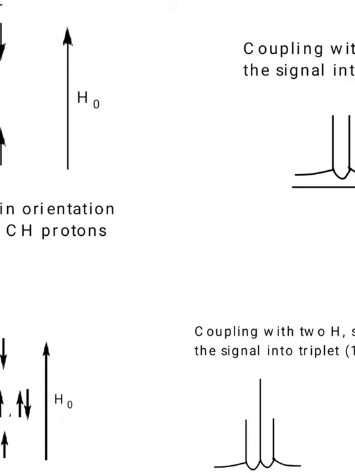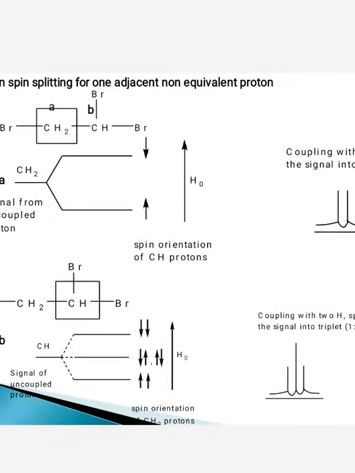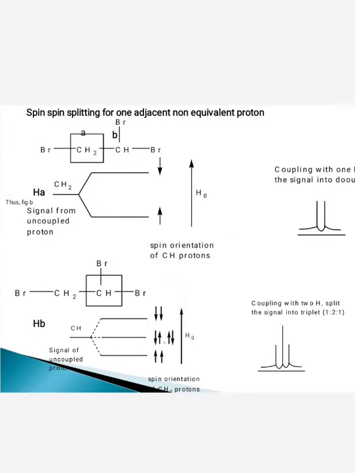This triplet has intensity ratio 1:2:1 due to this possible spin orientation of CH2 protons. This is the reason why we use the n+1 rule: why we get a doublet for the CH2 set of protons and a triplet for the CH set of protons, in the intensity ratio 1:1 for CH2 and 1:2:1 for the CH set of protons.